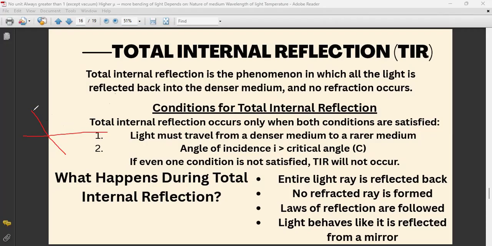So some of it was getting reflected and refracted at the same point. Again, we can see that some part of it was getting reflected until it created the critical angle.